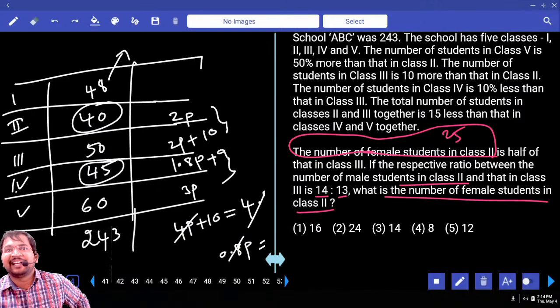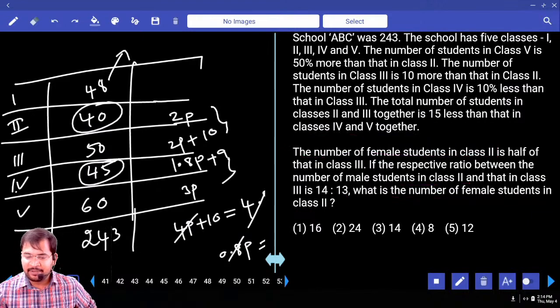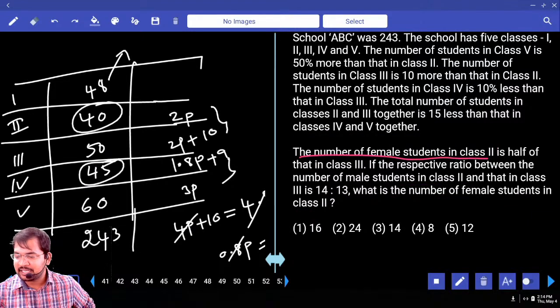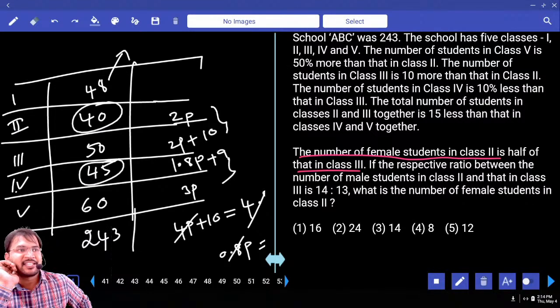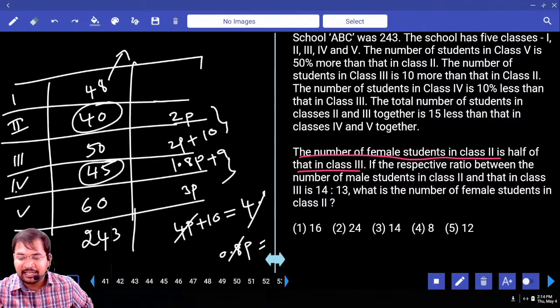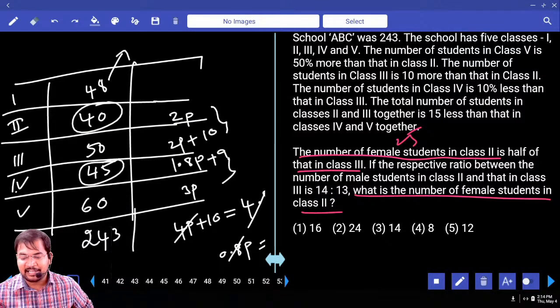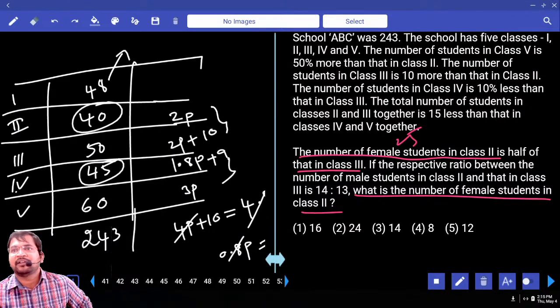They didn't give clarity. Here they given the number of female students in class 2 is half of that in class 3. So class 3 total strength is 50, half of that is 25. What is the number of female students in class 2? Directly 25 is the answer, but there is no option. That is not the statement. Clarity is missing in that one statement. Okay?